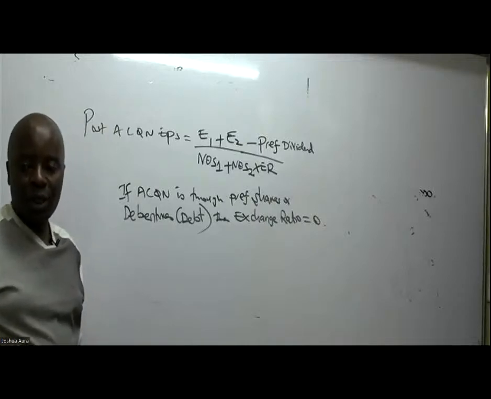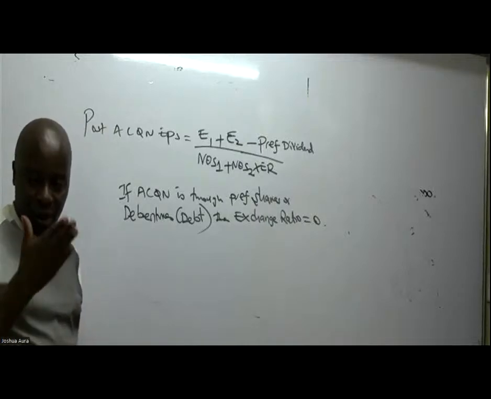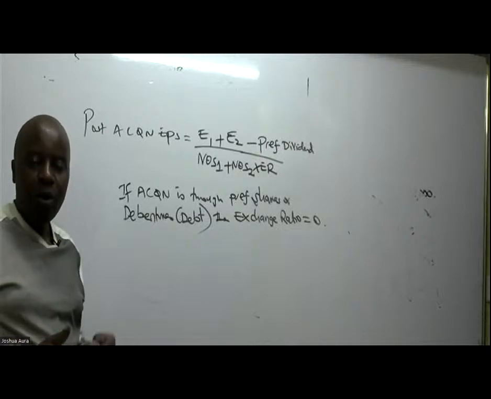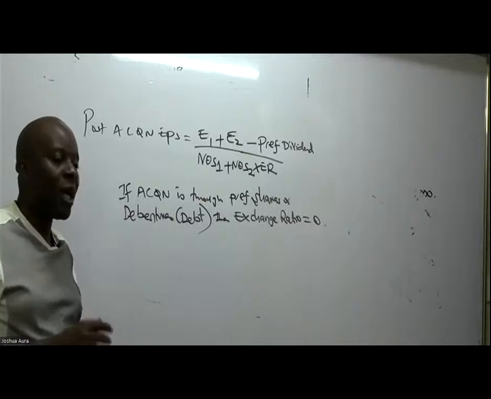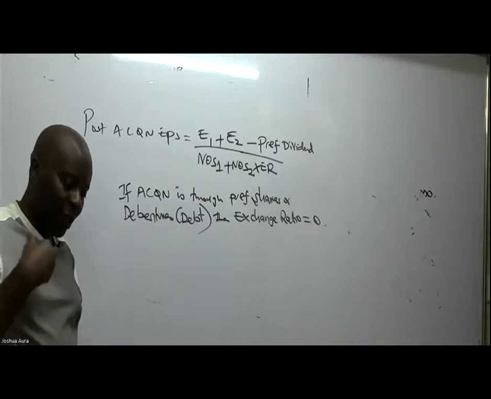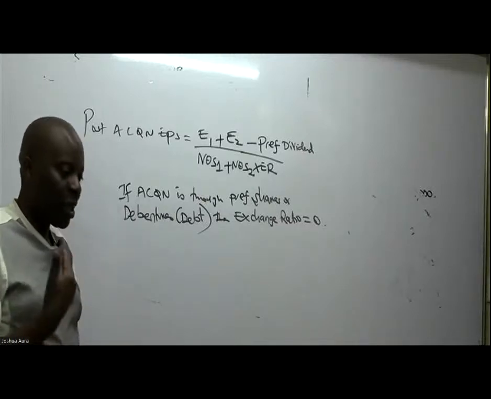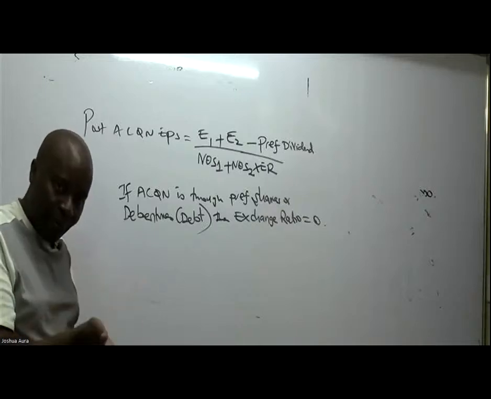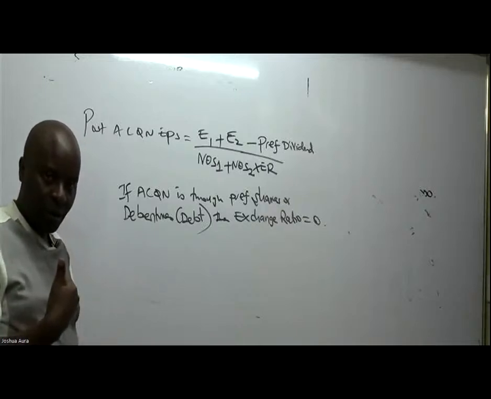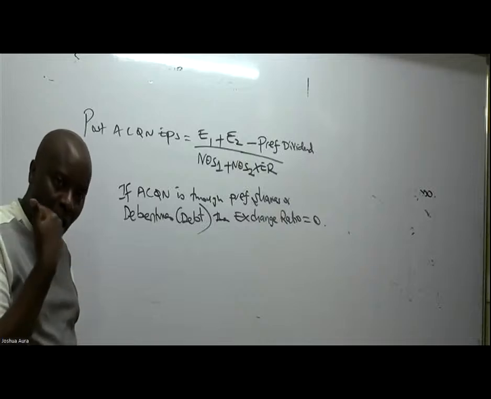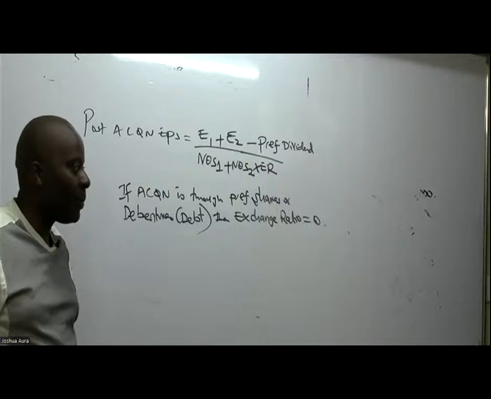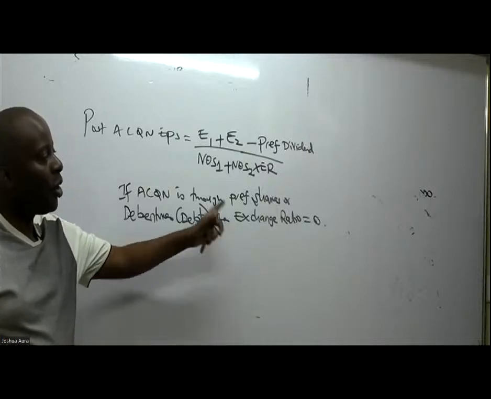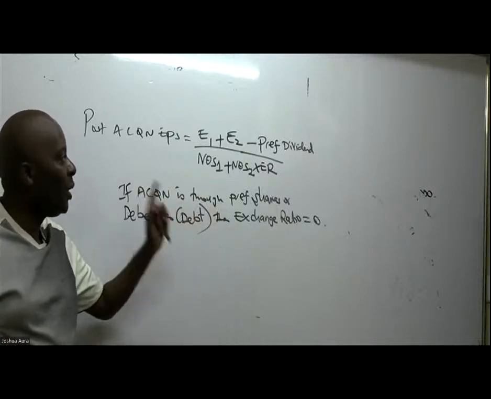Whenever acquisition is through preference shares or debenture capital, that for us to have acquired a firm, we either gave out our preference share capital, right, or we gave out debt instruments to be able to acquire a firm, then the exchange ratio automatically will always be equal to 0.